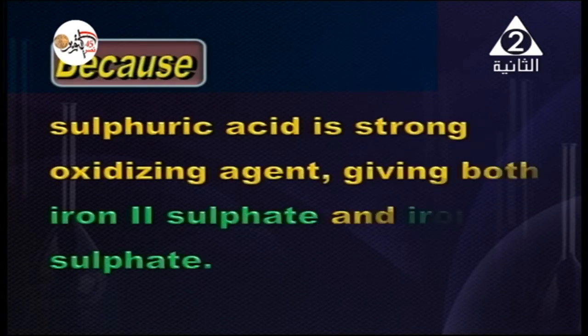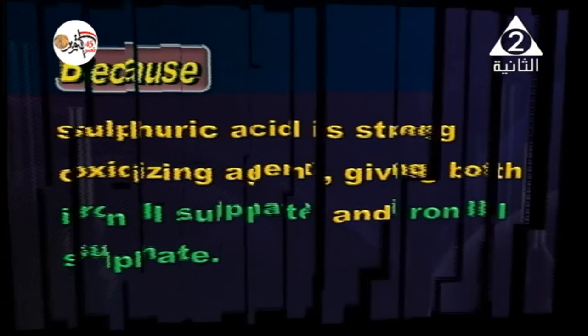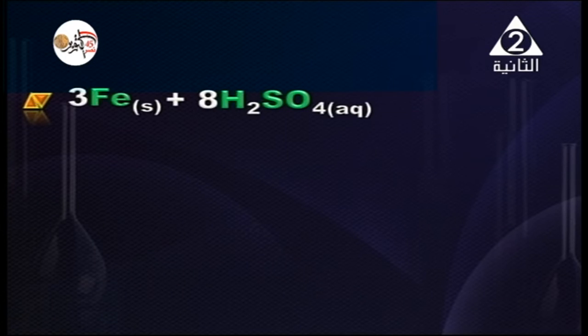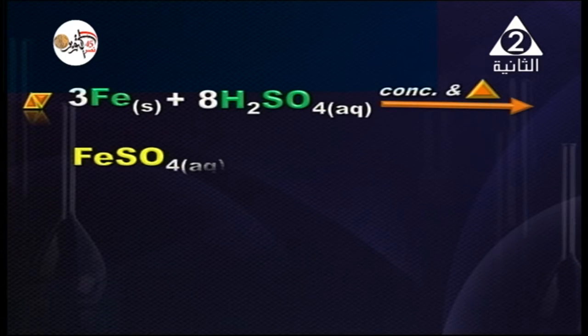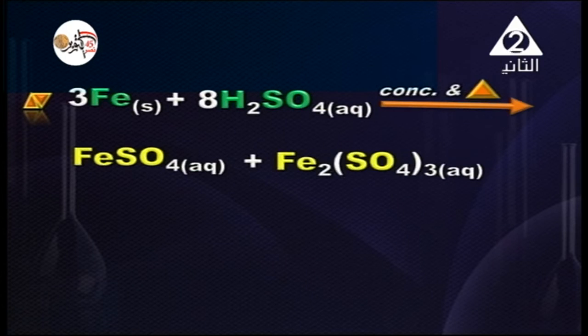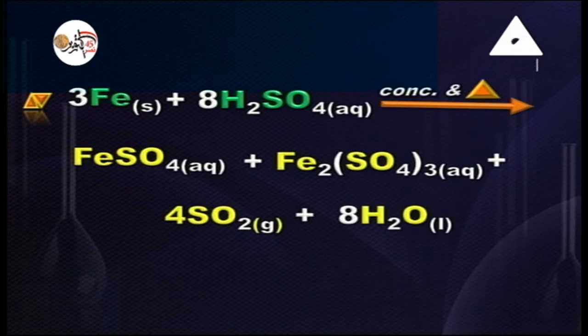The reason for that is sulfuric acid is a strong oxidizing agent, giving both iron 2 sulfate and iron 3 sulfate. As the equation proceeds on the screen, iron 2 sulfate is formed and iron 3 sulfate and sulfur dioxide gas and water are produced.